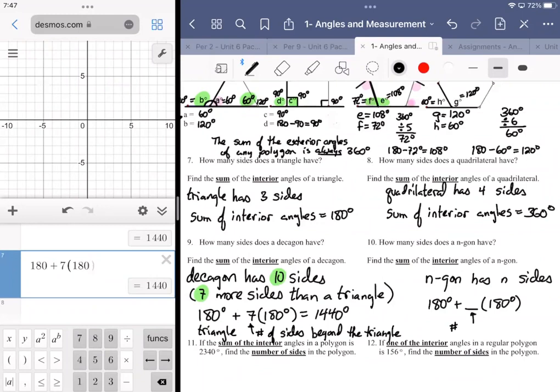So number of sides minus 3, right? The 3 sides of the triangle, right? So how would I write that? Well, if I'm telling you that there are 10 sides, I would do 10 minus 3. If there are 100 sides, I would do 100 minus 3.